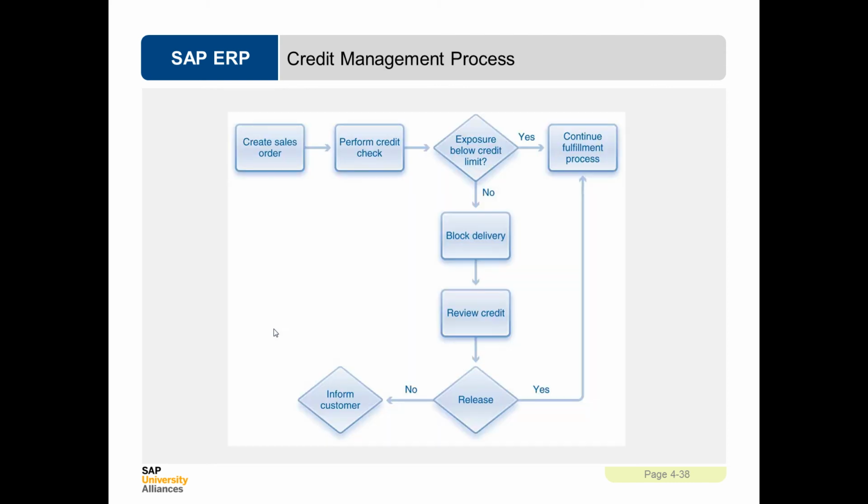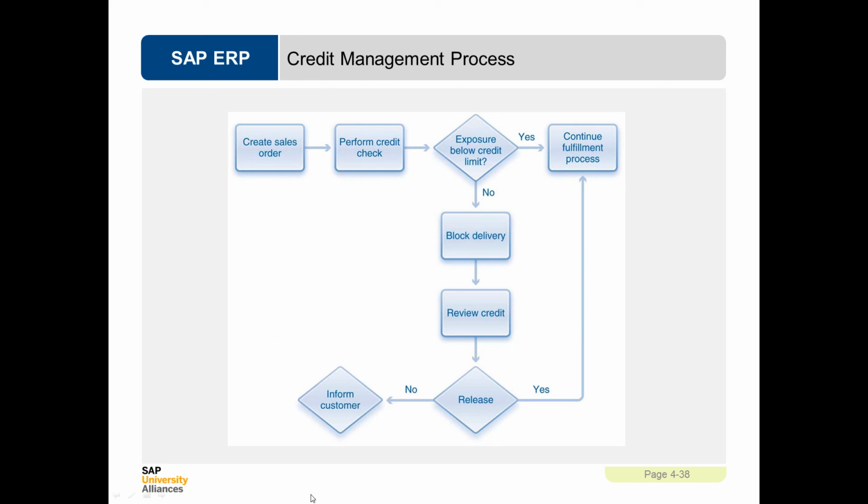Now, the overall credit management process kicks in once the sales order is created. But it's not only at that point that we perform the credit check, because between the time we create the sales order and the time that we actually ship the product, a lot of things can happen.